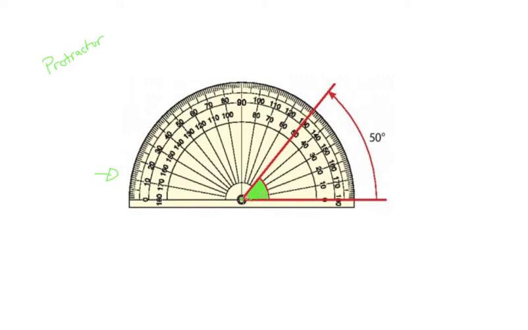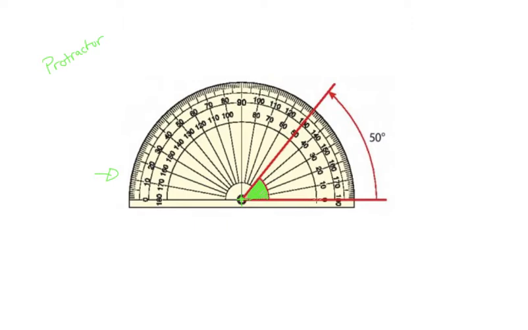You put the protractor down on top of the line, and you make sure that the very corner of the angle, the very pointy corner, goes into the crosshairs here, okay? There's a circle with two lines through it, and that's called the crosshairs. So you make sure the pointy bit goes right into the circle. And then there's a line running along the bottom of the protractor here, and you line that up with the bottom line of this angle.